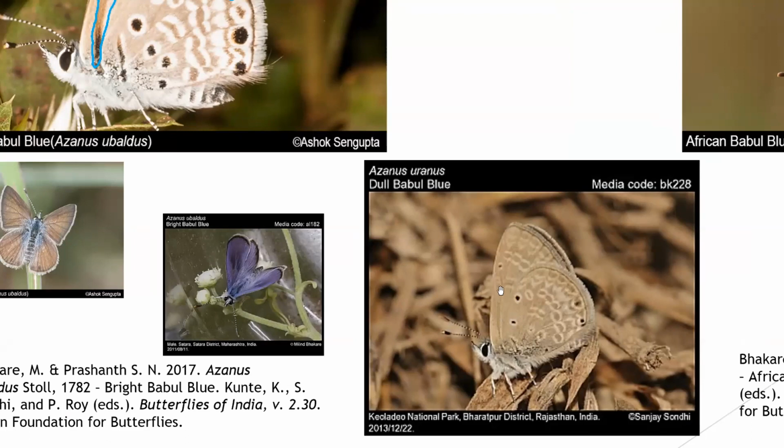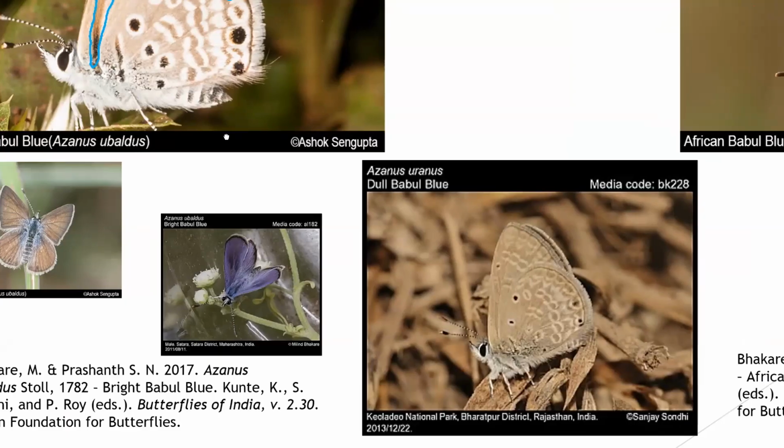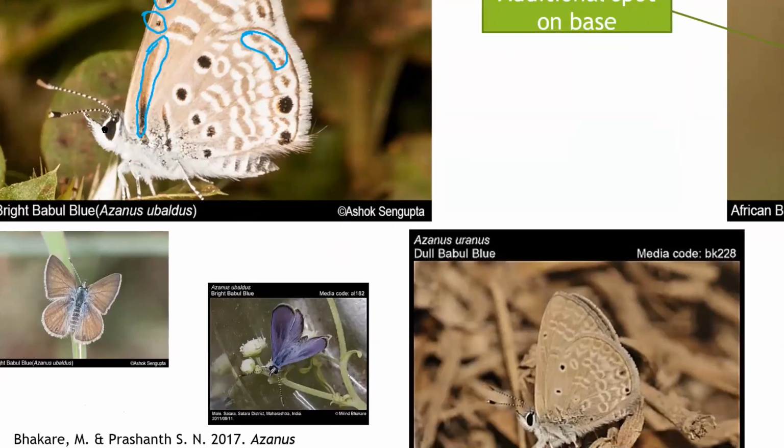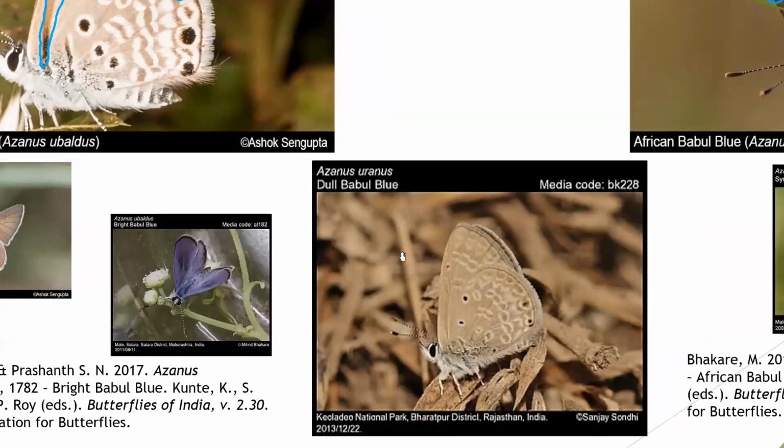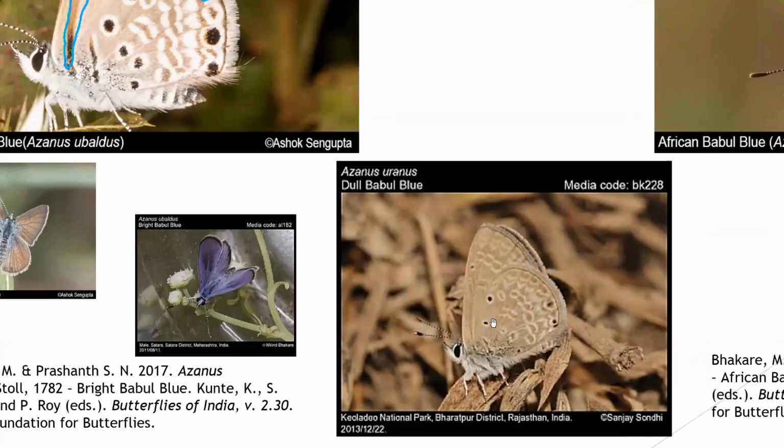They are very inconspicuous. They may be present, they may not be present. They may be present as very small and insignificant spots. But the major difference is this streak, which is present in the bright and the African Babul Blue, but not in your dull Babul Blue.